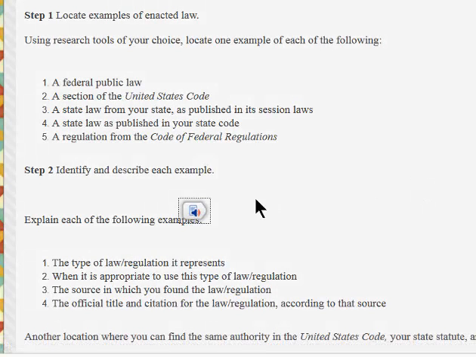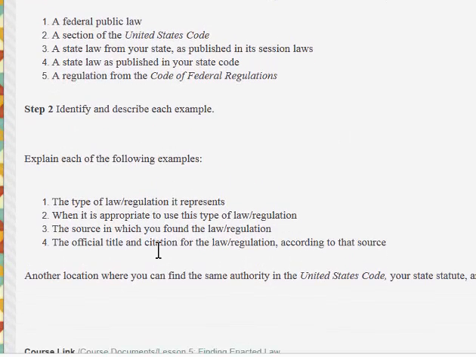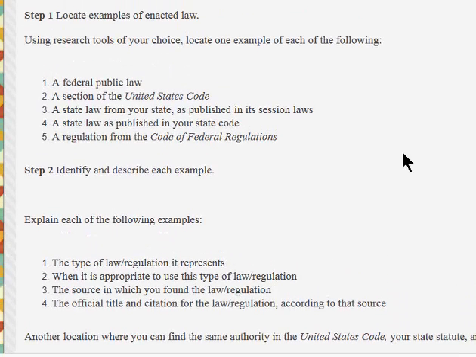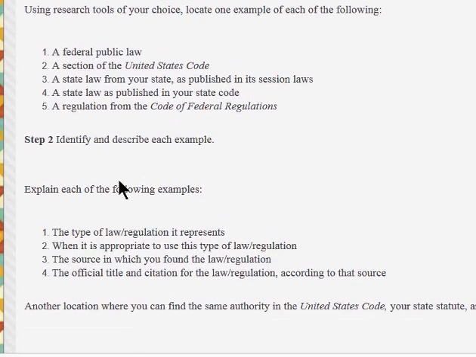Identify and describe each example of the following examples. So you have 4 down here. That's not very well written, is it? For step 2, I want you to confine yourself to these 4 down here, because this could look like it's referring to the top 5 above. Explain each of the following examples.